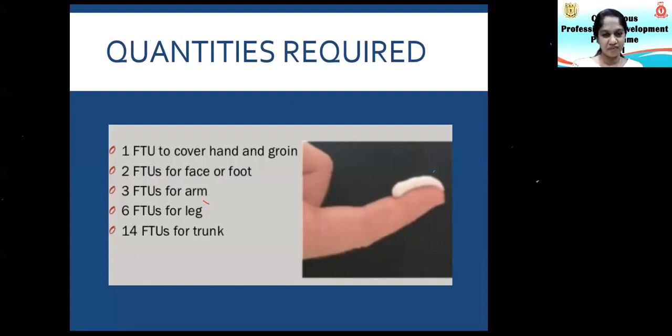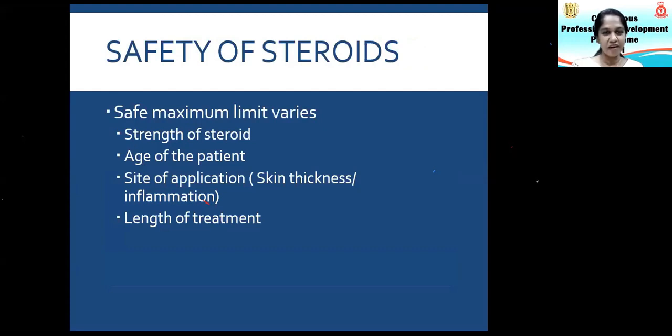But this is not the only factor when we prescribe steroids, because there are many other variables. The safe maximum limit will vary depending on the strength of the steroid. Clobetasol, for example, is a potent steroid, recommended for areas of thick skin like palms and soles.